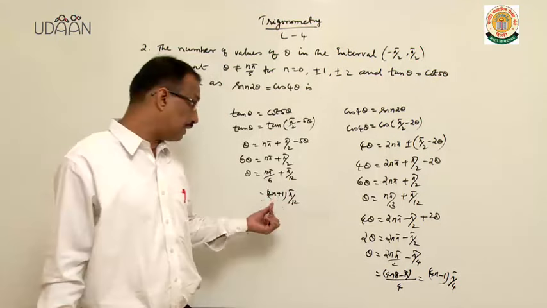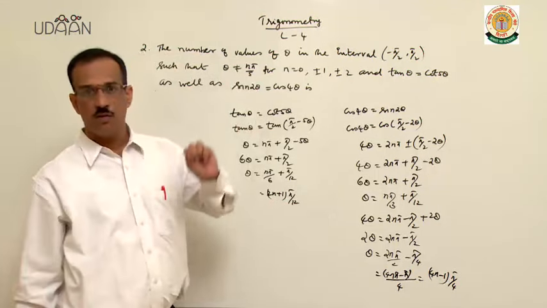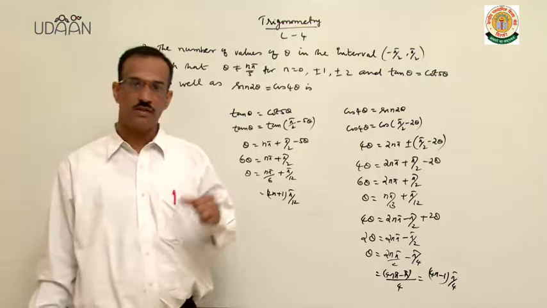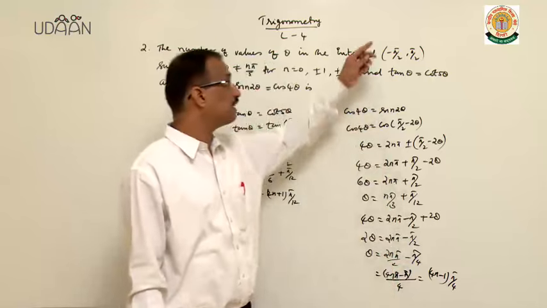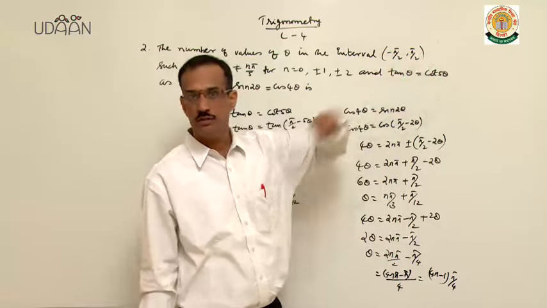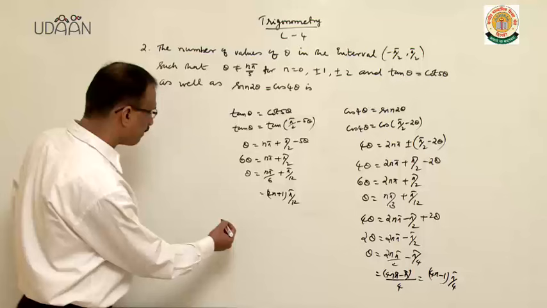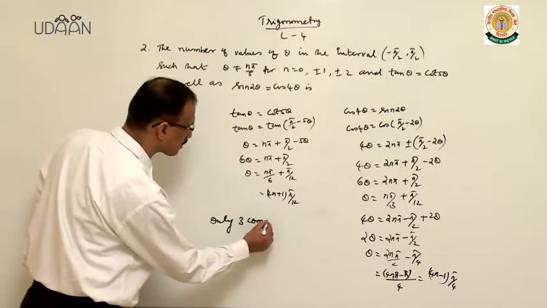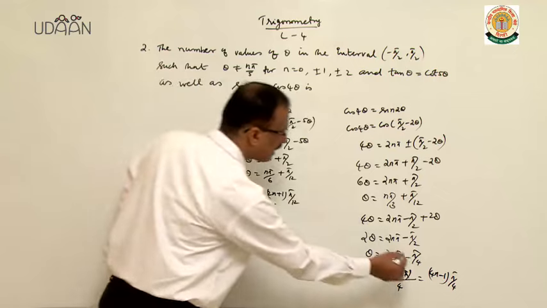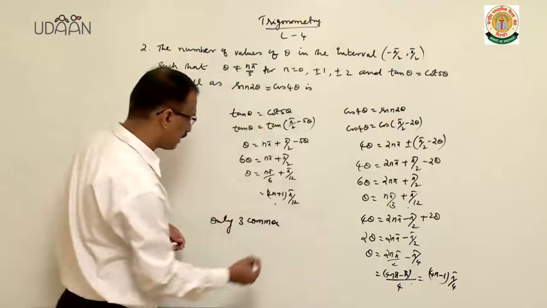So, the common value, that is the theta, gives us only 3 common values which satisfy these two conditions in the interval minus pi by 2 to pi by 2. So, only 3 common solutions to this as well as these we get.